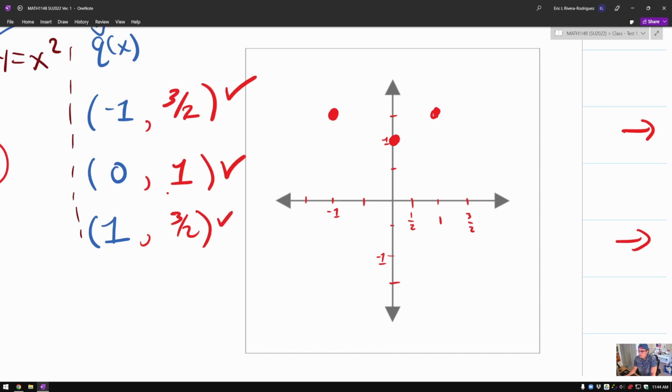So those are those points: -1, 3/2, 0, 1, and 1, 3/2. So I know that it is a square function. It is a parabola. So the only thing I need to do is to have those 3 points. It doesn't have to be perfect. This is just a representation. I'm not an artist, so it's very difficult for me to draw a parabola. But this is going to be good enough for me. Okay.